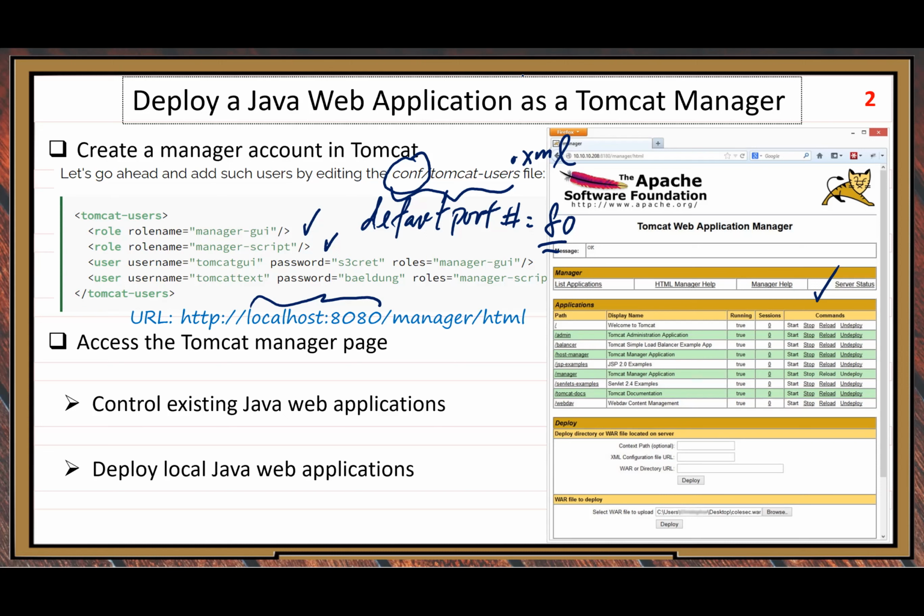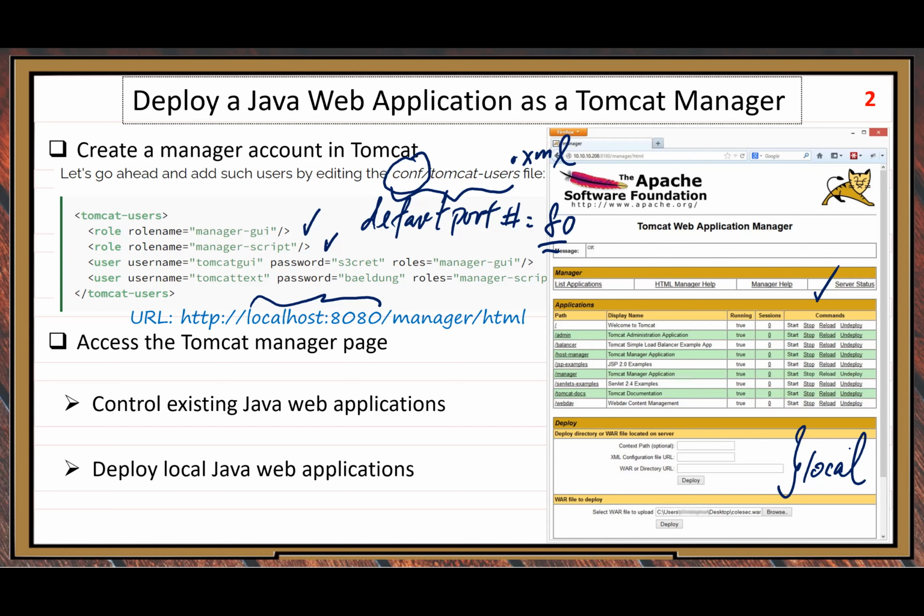Another is deploying local Java web applications. This part is for local, meaning local with respect to the server. Those web applications are already on the server side, and you can select which one to deploy. When you deploy, you can set a context path. That's our context root.